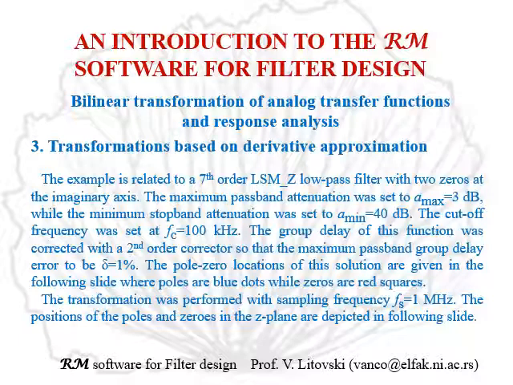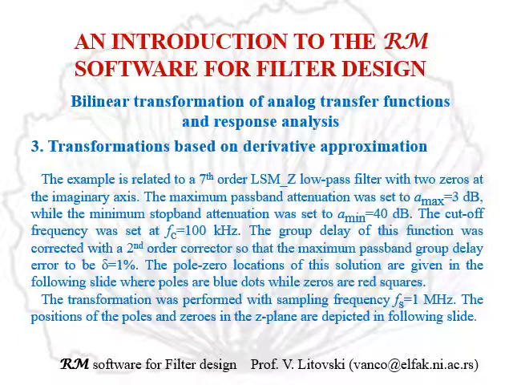The cutoff frequency of the low-pass analog filter was set to 100 kilohertz. The group delay of this function was corrected with the second order corrector so that the maximum passband group delay error was 1%.